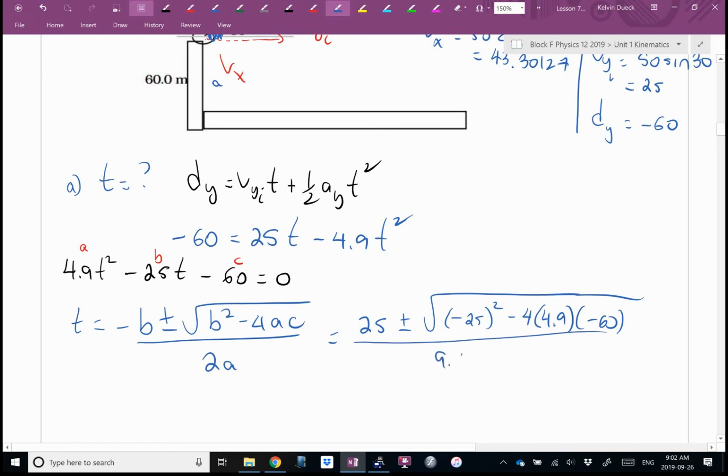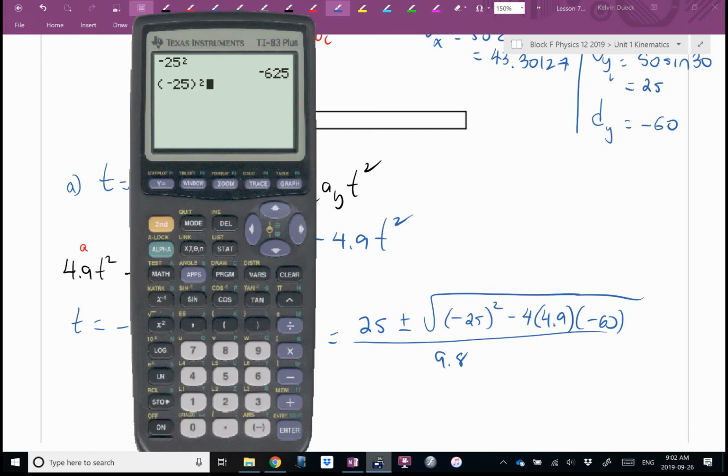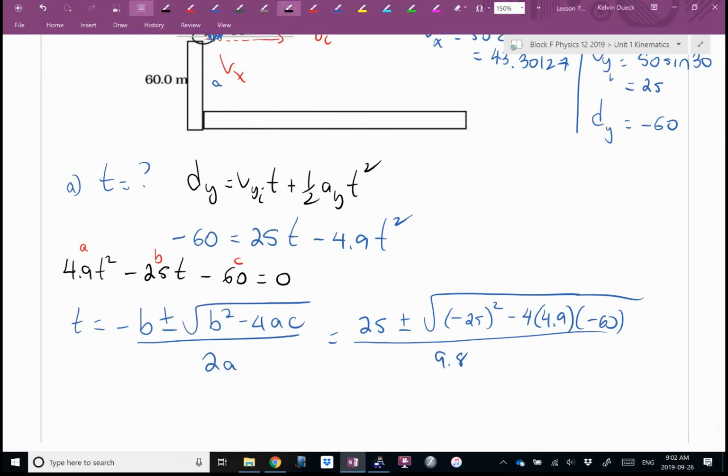All over 2A, which is 9.8. On my calculator, what I typically did, I did the inside of the square root first. So I would go negative 25 squared minus 4 times 4.9 times negative 60 equals, and I would say, okay, this is 25 plus or minus the square root of 1801 over 9.8. And I would write that down: 25 plus or minus the square root of 1801 all over 9.8.